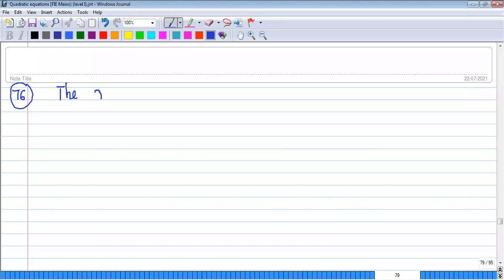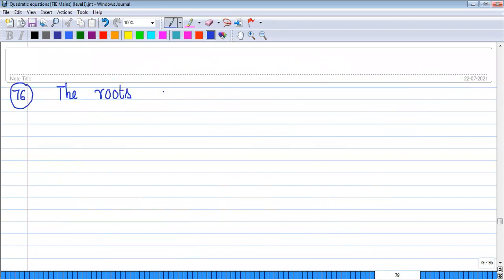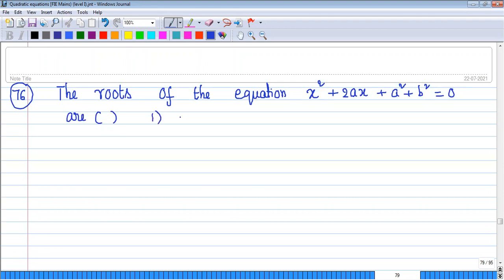The roots of the equation x square plus 2ax plus a square plus b square equals to 0 are: first option rational and equal, second option rational and not equal, that means distinct.